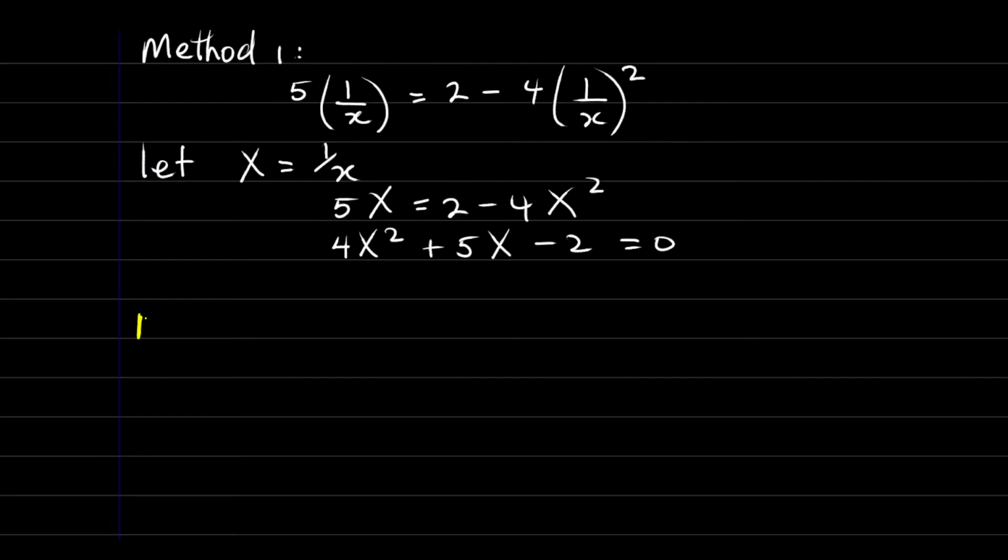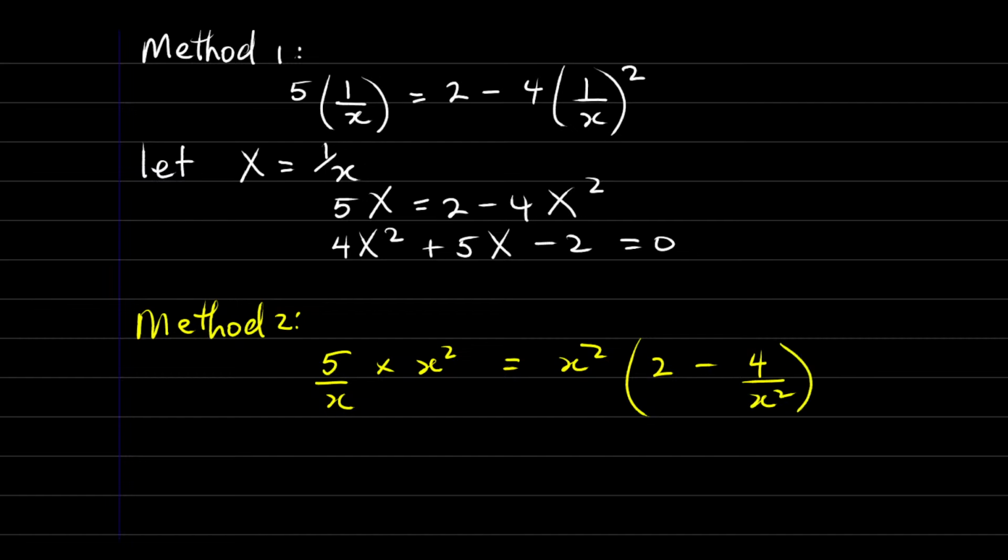So I'm going to put method 2. I'm going to multiply everything by x squared. So I'm going to have here 5 over x multiplied by x squared, equal to x squared into 2 minus 4 over x squared.